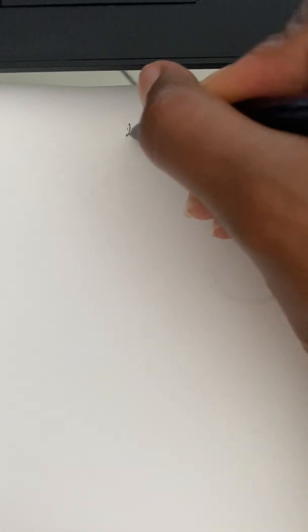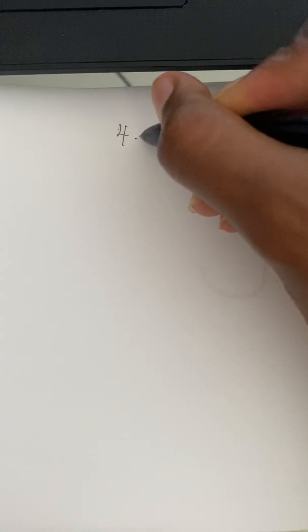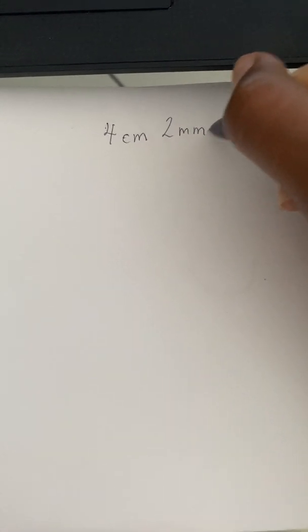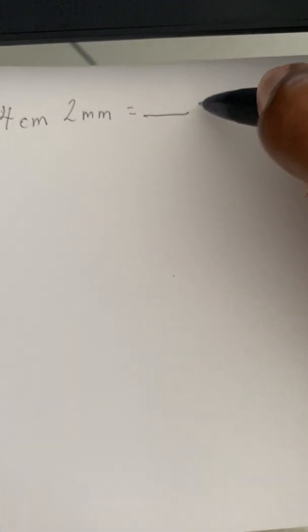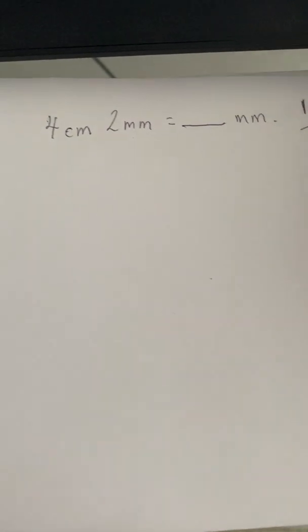So if I have something, and I'm going to use the example that we did last week, the challenge. Okay, so if I have something like this, I have 4 centimeter, 2 millimeter, and I want to know how much that is in millimeter.